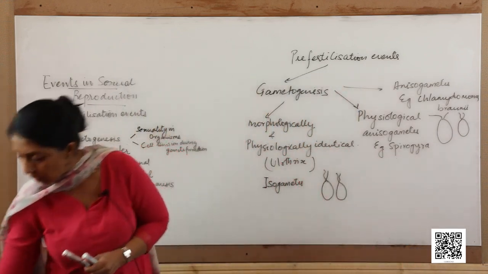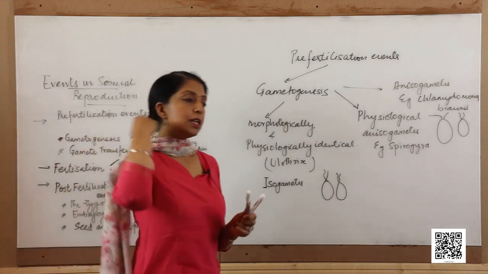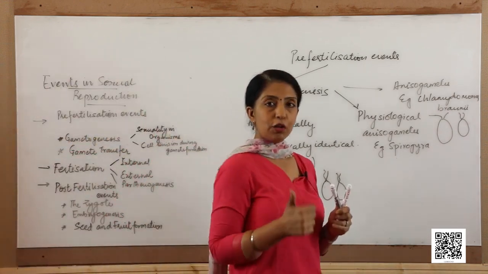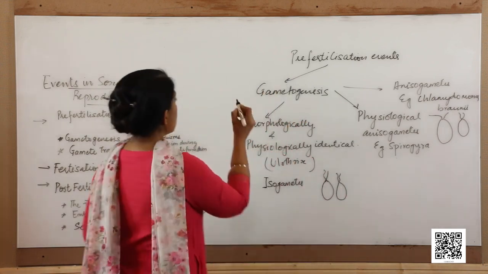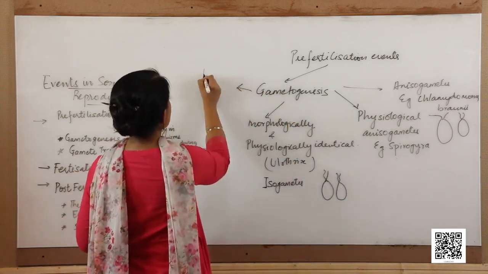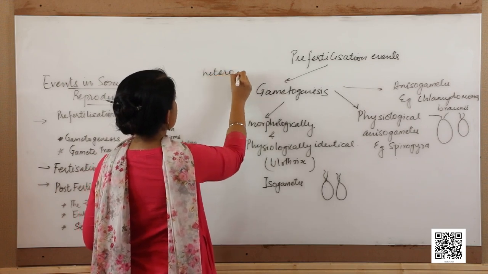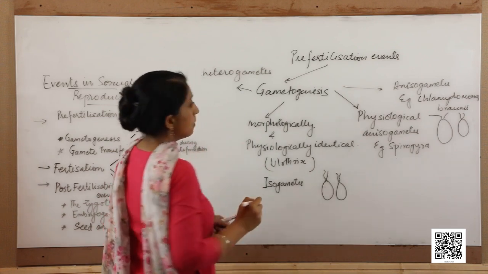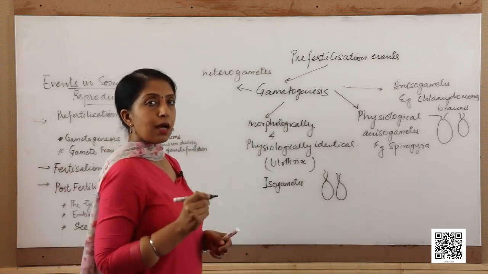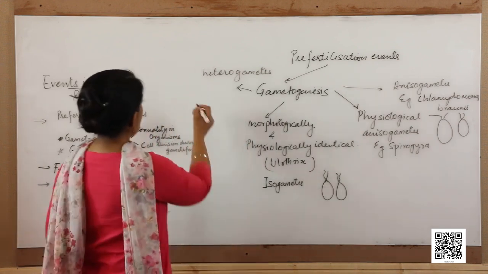There are other organisms in which there is a lot of difference in the morphology as well as the physiology of the gametes. Such gametes are called heterogametes, as seen in most of the plants and animals. How are they?